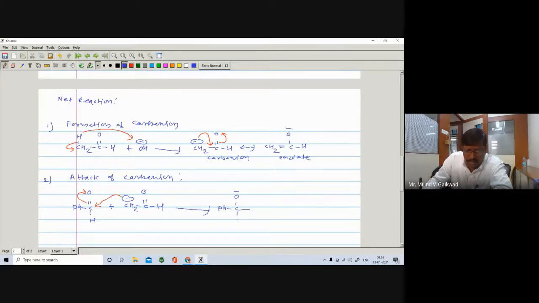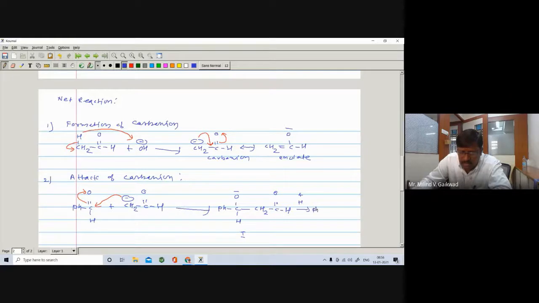R for alkyl, O for oxygen, alkoxide. You are getting the corresponding alkoxide, CH2 C double bond O H. This is your number 1, alkoxide. The alkoxide further undergoes protonation, H positive, and you can get the beta hydroxy aldehyde or ketone.